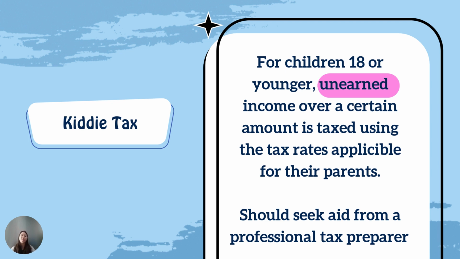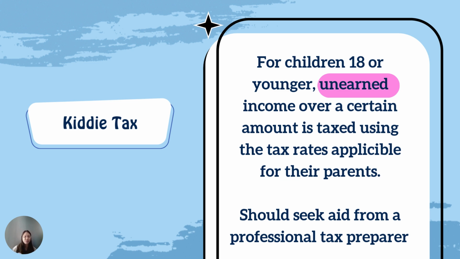Anywho, one last topic that I wanted to go over is kiddie tax. This is just something that interns who are filing income tax returns or taxpayers who are going to file a tax return should know about. It's basically a vocabulary word where children 18 or under have unearned income above a certain threshold, and that is taxed at the rate of the parents.